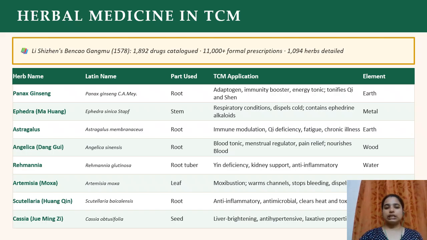Just to name a few: Panax ginseng, ephedra, cassia, artemisia, angelica, astragalus. All these are Chinese herbs, abundant in China, and abundantly used in traditional Chinese medicine.